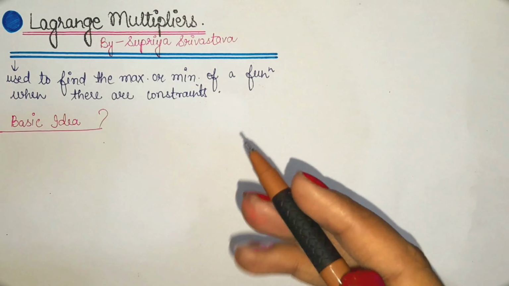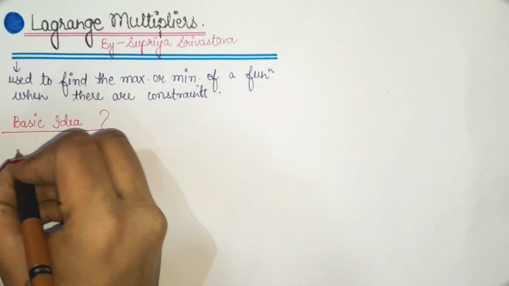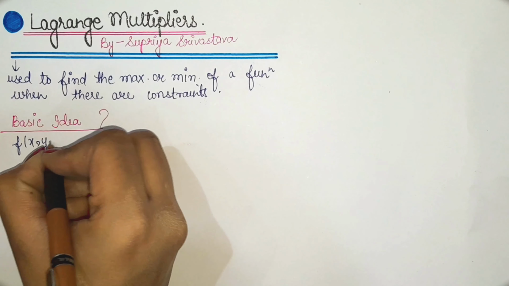firstly, when you want to maximize or minimize a function, take for example, I have a function here, f of x comma y.